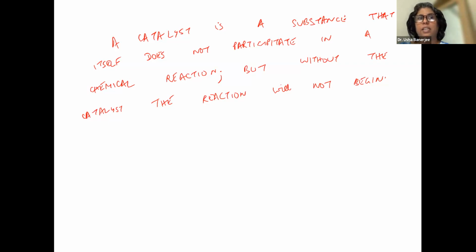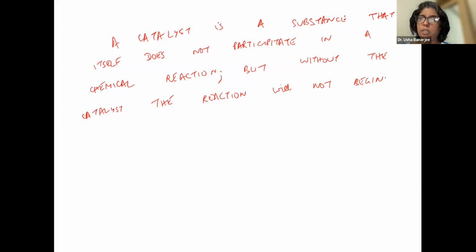So that is the role of a catalyst. Without the catalyst, a chemical reaction will not occur. But yes, the catalyst does not take part in a chemical reaction. So your parents cannot go to school for you and sit in your classroom. That will not work. As I told you, I will give you simple examples which will help you understand things.